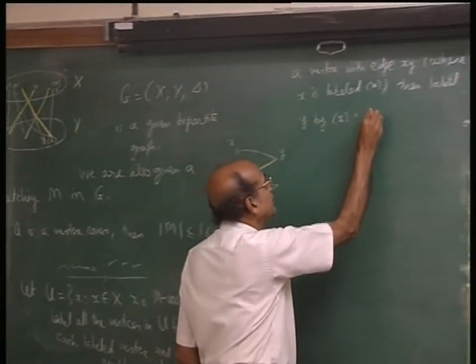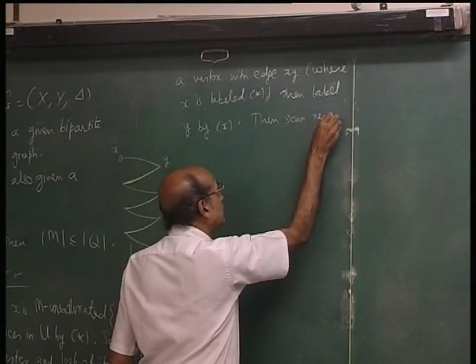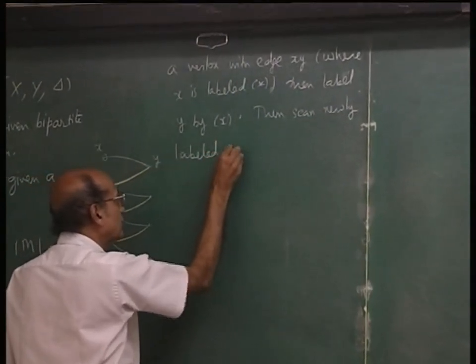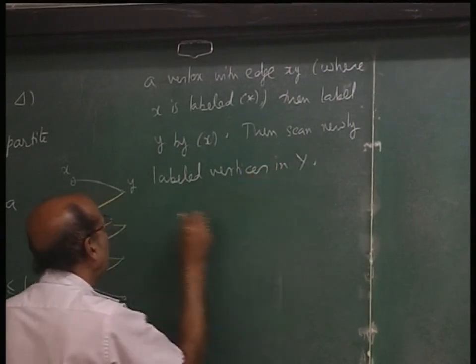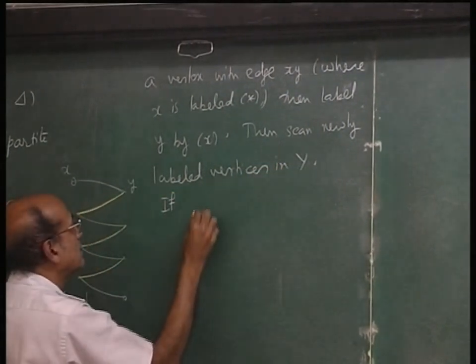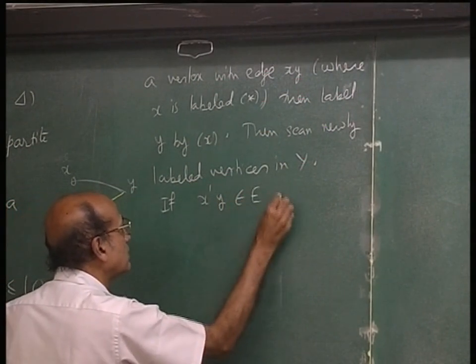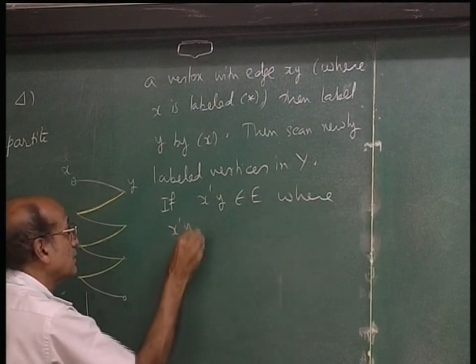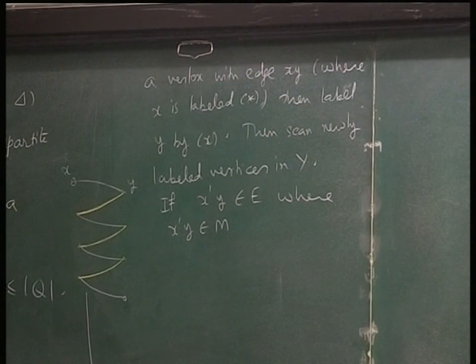Then scan newly labeled vertices in Y. See, the fixed rule here is backward arcs in the matching, forward arcs not in the matching.